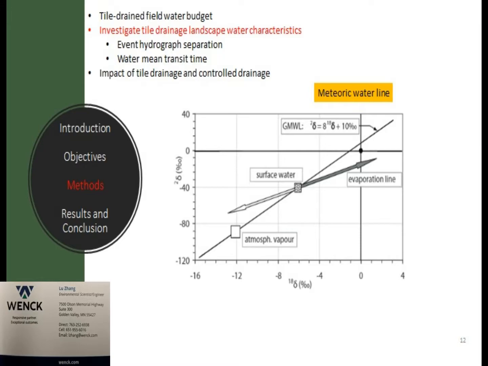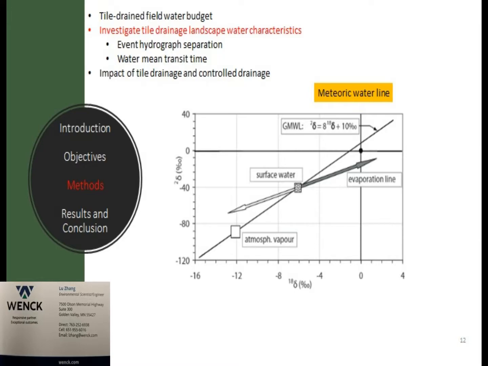So globally, people collect rainfall and precipitation water, which is also called meteoric water, either rainfall or snow, and plot them all on a line. The GMWL, with the equation up there, is kind of a global average. It stands for global meteoric water line. Most surface waters are plotted around the line, and they could deviate onto the evaporation line or stay back.